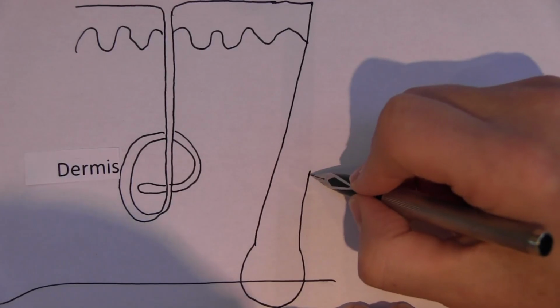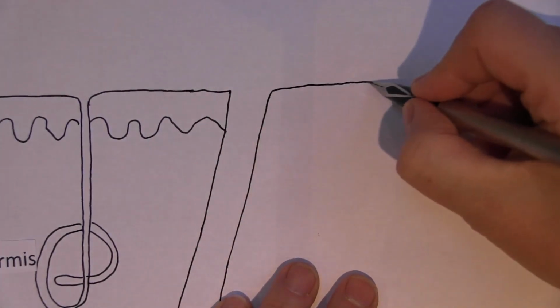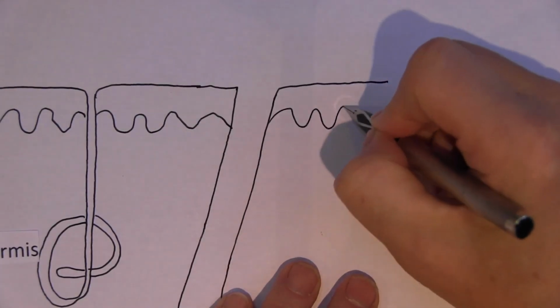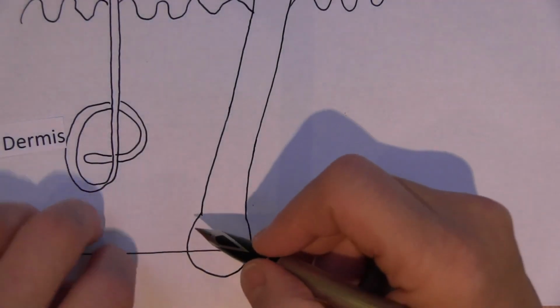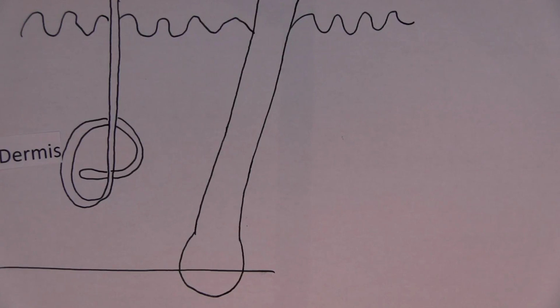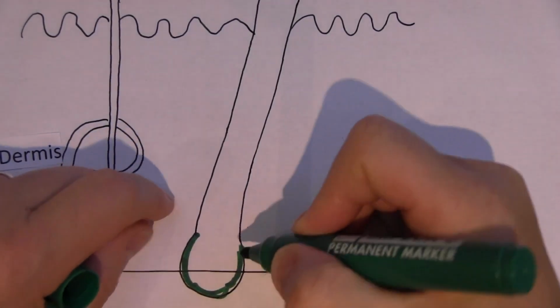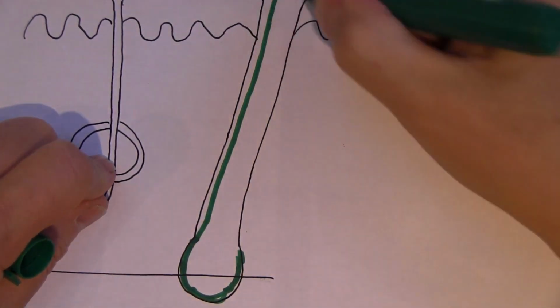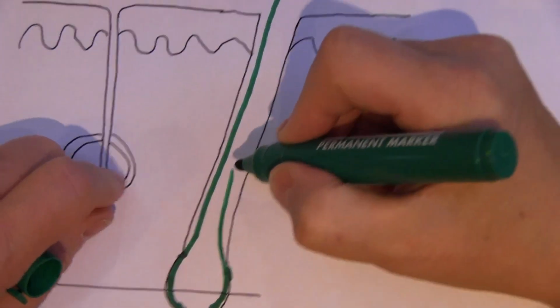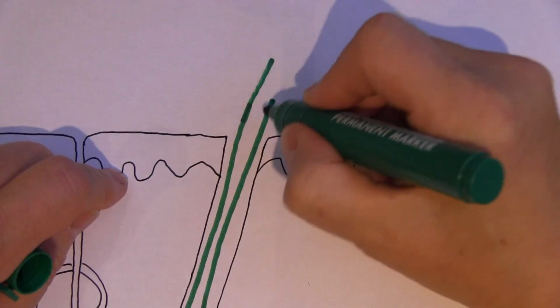Here's a hair follicle. The wavy line between the epidermis and the dermis, and the hair root is going to be down here. Let's have a green hair this time. Here's the hair root down here, forming the shaft of the hair, going up the hair follicle, giving us hair, which is good.